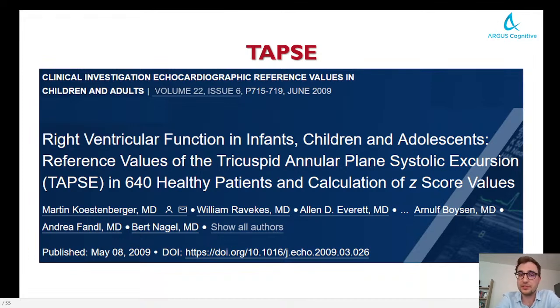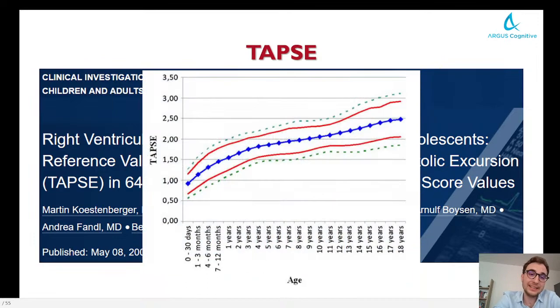However, we have nice reference values for TAPSE in a large population of healthy pediatric patients, and not surprisingly, it shows a very clear association with the age and with the body surface area of the patient. In the first months of life, its value increases quite significantly, probably with the gaining of body size as well. And as you can see, its normal value increases throughout childhood.